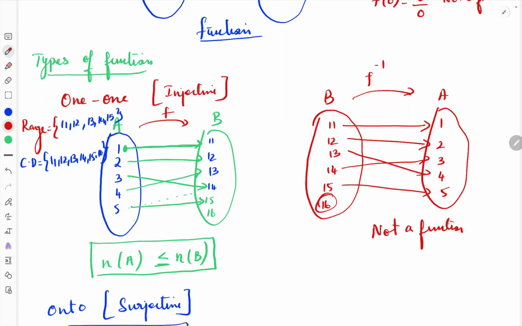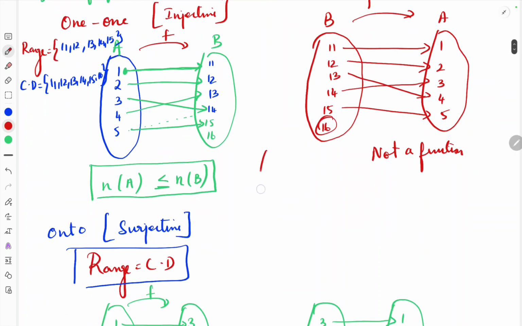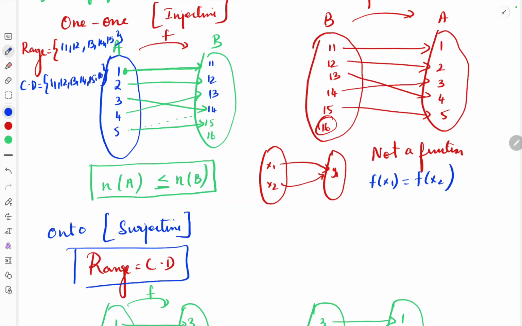So now what is the general way to prove one-to-one? I'll take x1 here, x2 here, and here some y1. x1 also maps to y1 and x2 also maps to y1. This x1 and x2 are some general elements. So now what I'm telling here is f of x1 equal to f of x2, which means, as I just told, if 1 is mapped to 11, other than 1, no other element should map to 11.